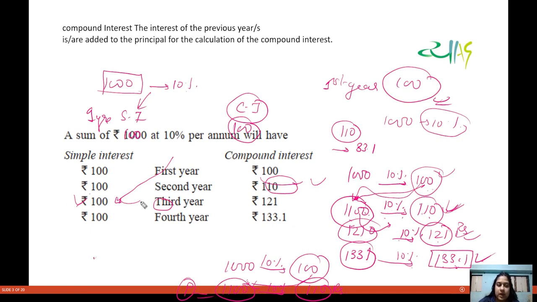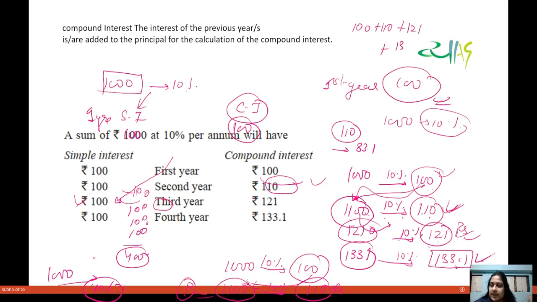Here, after 4 years, with simple interest it is 100 plus 100 plus 100 plus 100, so that means 400. And 400 is 40% of 1000. And here how much? 100 plus 110 plus 121 plus 133.1. Now you can calculate this.